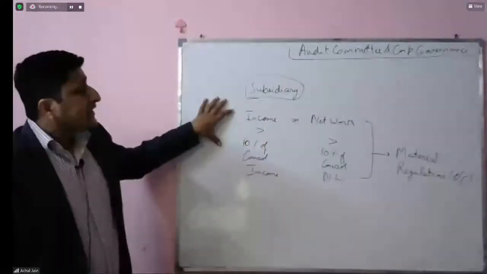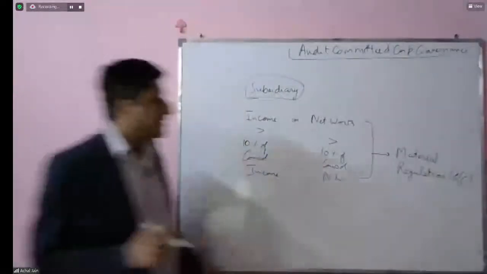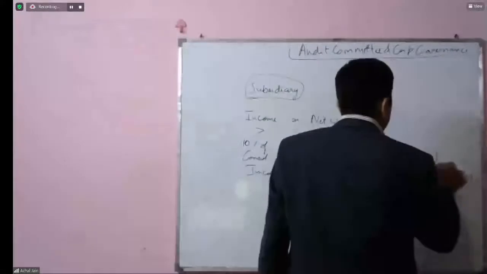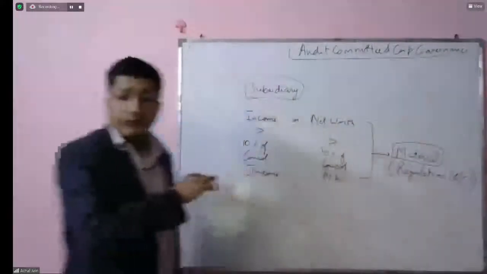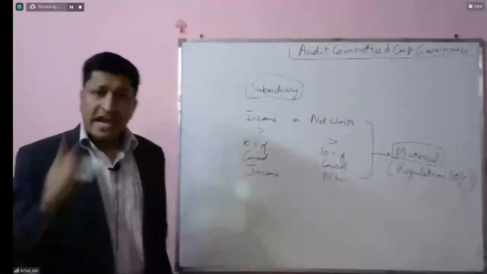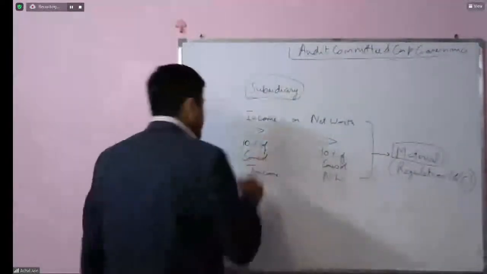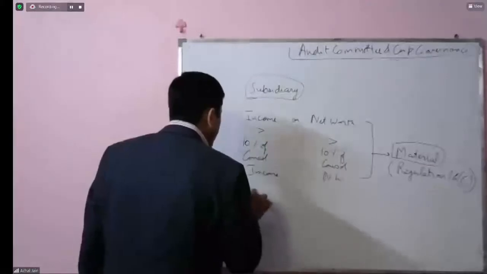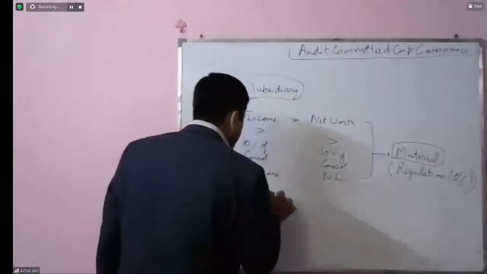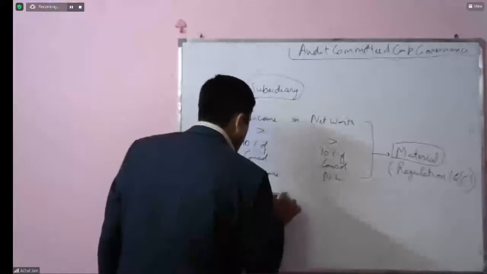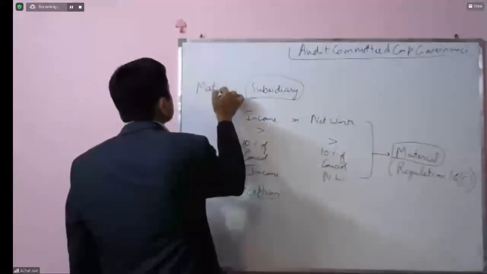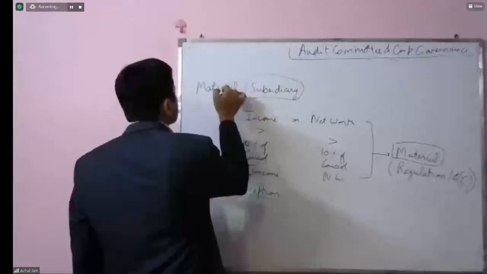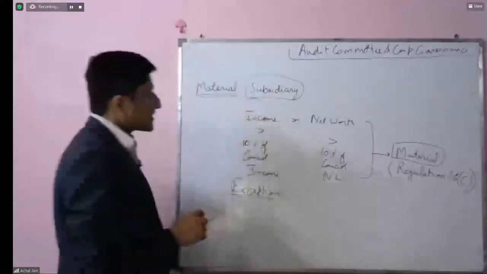So this criteria of material subsidiary will be used everywhere, except in one case. So there is an exception to this definition of material subsidiary. Let's understand the exception. So what is the exception?